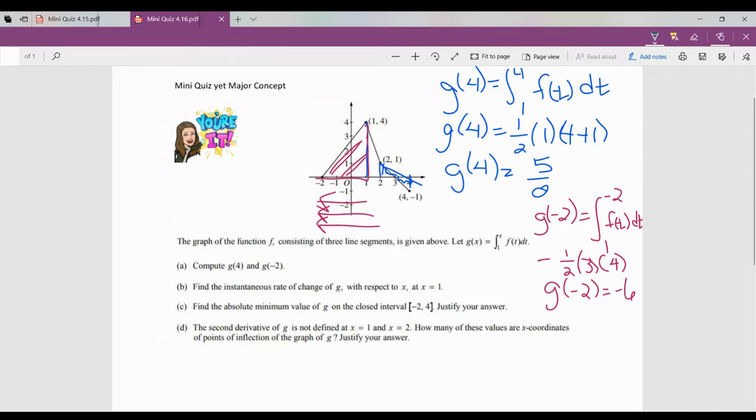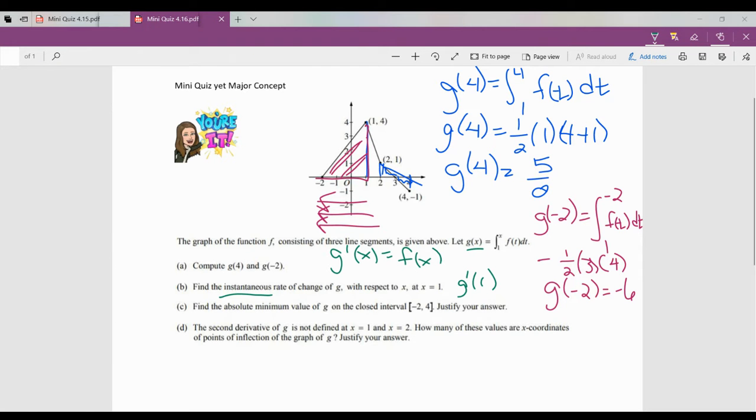Okay. Find the instantaneous rate of change. Instantaneous means the derivative. So we want g prime of 1. All right, so we're given what g of x is equal to. So g prime of x is going to equal f of x.